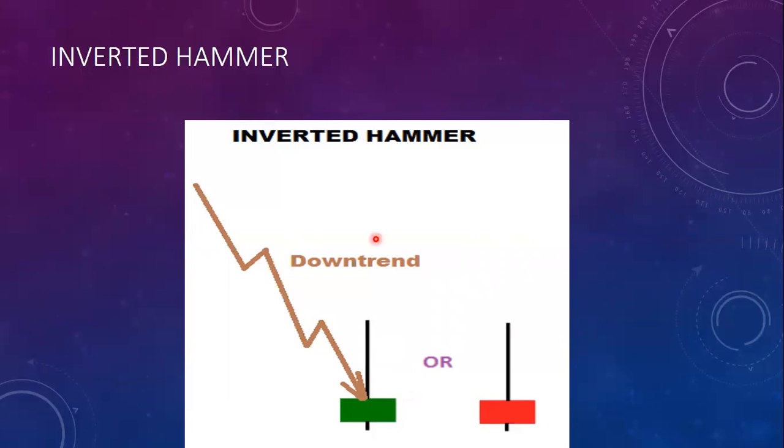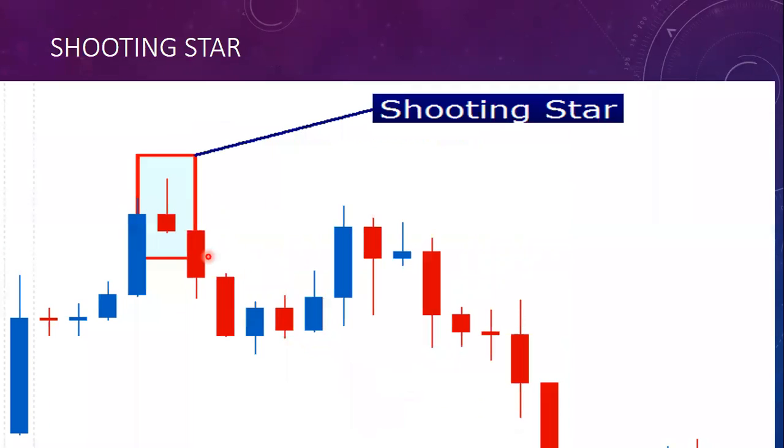Good. So the inverted hammer changes price from down to up. And it looks like that. And then the shooting star. It's like an inverted hammer, but it comes on the top and it's changing price from up to down.